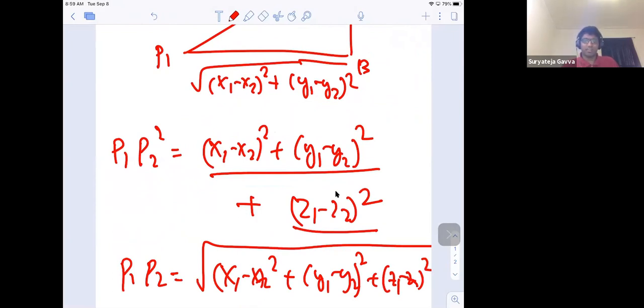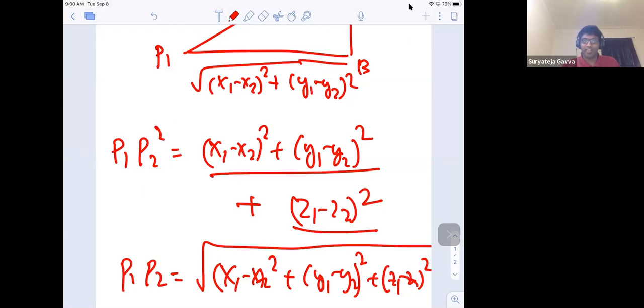Okay, questions on this? It's basic geometry. If you have two points, you can draw these triangles and apply the Pythagorean theorem, and from it you get this length. That's why you get this whole squaring business. Questions on this? Okay, it's an important formula. If you understand how the two-dimensional formula works, it's a simple generalization.